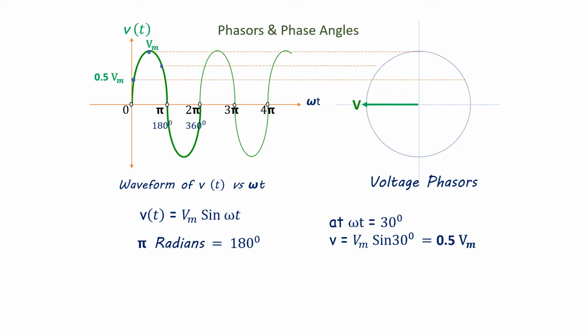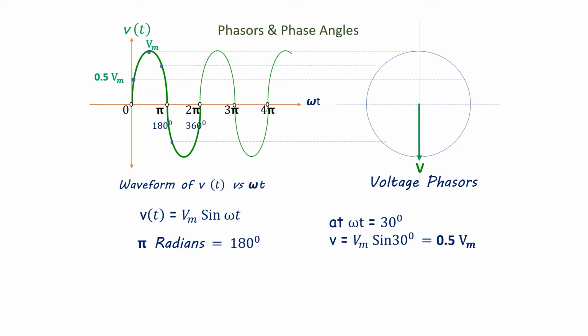When the phasor rotates 180 degrees, since sine 180 is equal to 0, the value of voltage is 0. Further rotation will take the value of voltage to a negative value.